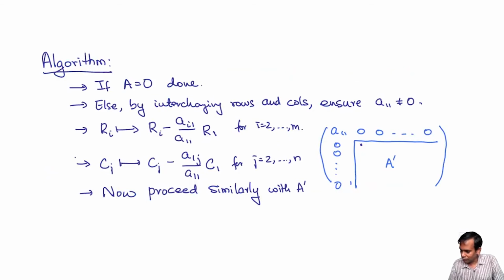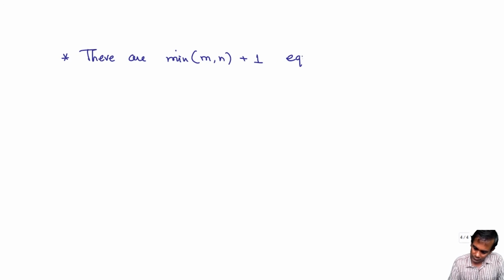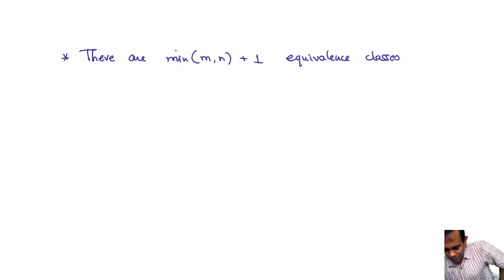So what is the meaning of all this? So firstly, what we note is that there are minimum of m, n plus 1 possible canonical forms, equivalence classes, namely with 0 ones, 1 one, and so on up to minimum of m, n ones.